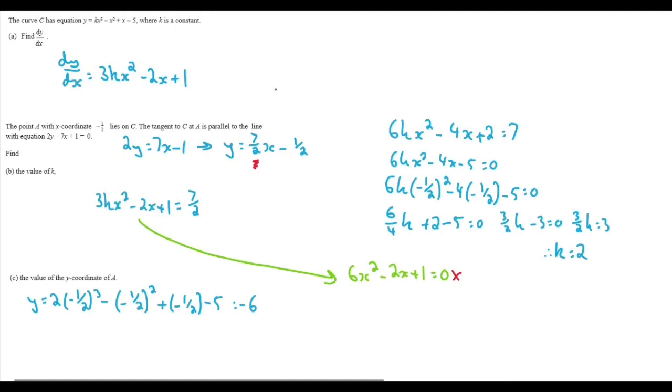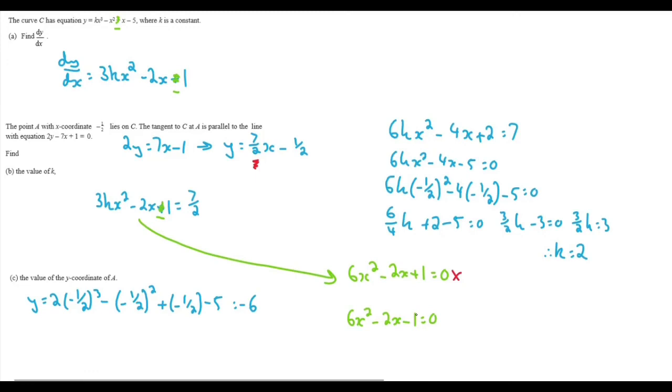However, if instead they had made this a minus x from the beginning, that would make this a minus 1 here, a minus 1 here. So we would now have 6x squared minus 2x minus 1 equals 0. This has stationary points.